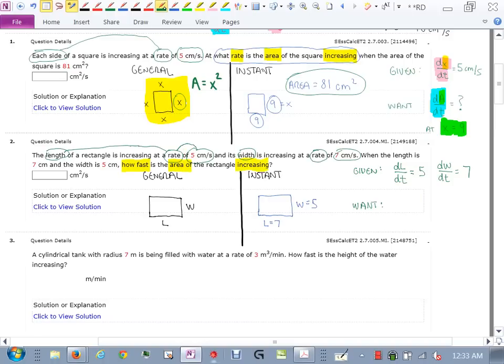So what I want to know is dA/dt at exactly the moment that the length is 7 and the width is 5. So that's this picture here.